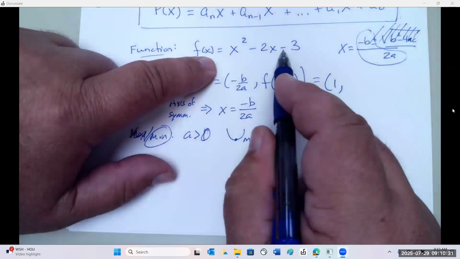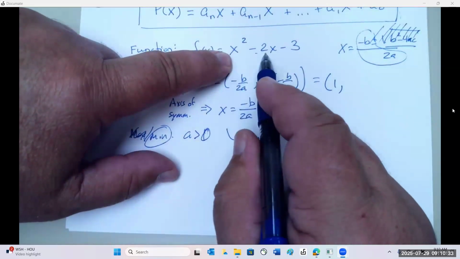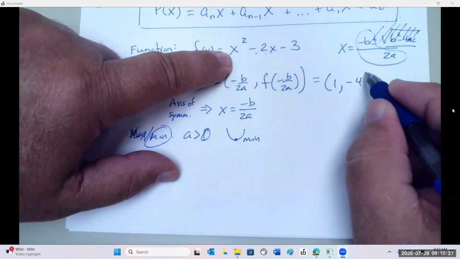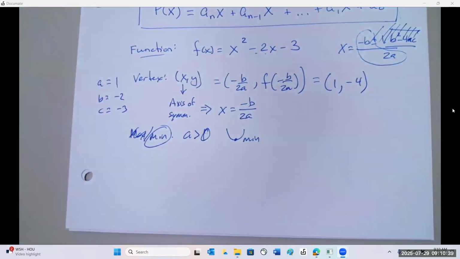Plug in 1 inside here. 1 minus 2 minus 3 is -4. So that's my vertex. Again, I'm going fast on this because we've done a whole chapter of this. At least I did. I don't know what you all have done so far. That's the stuff we covered in chapter 3.